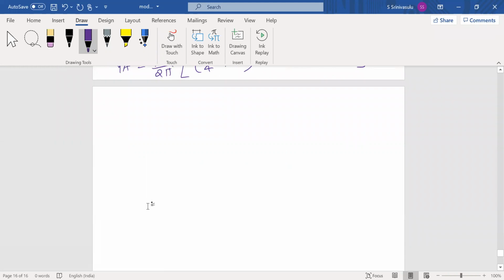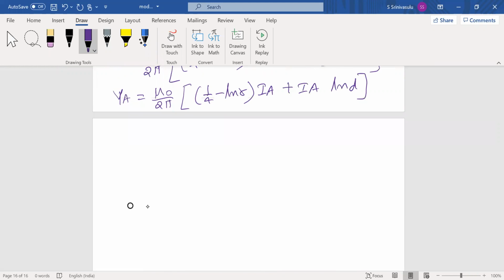Now in this case, in the previous step we wrote psi a equals mu naught by 2 pi, 1 by 4 minus ln of r. Here Ia is common.